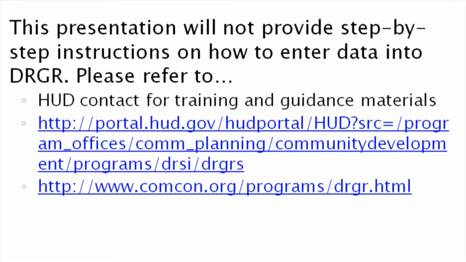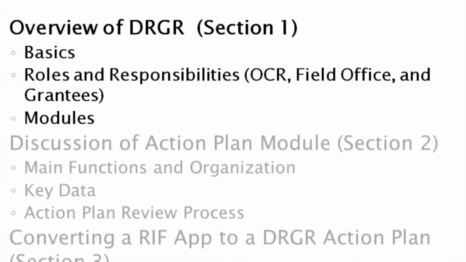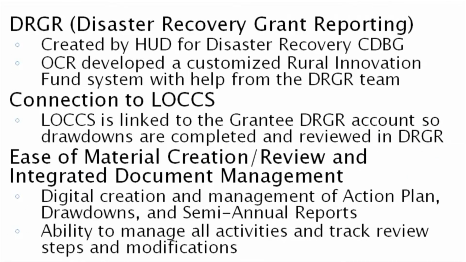You as grantees will be using DRGR to initiate your payment requests. In the past, you may have worked with paper vouchers and the telephone voice response system for LOCCS, but now it will be easier to create drawdowns in DRGR based on your action plan documents, which in turn will create your semi-annual reports.